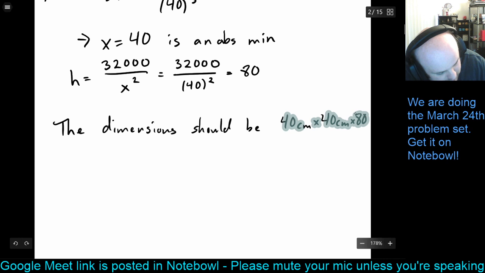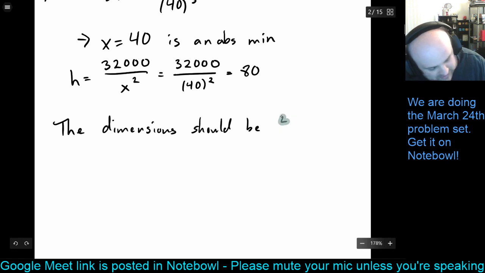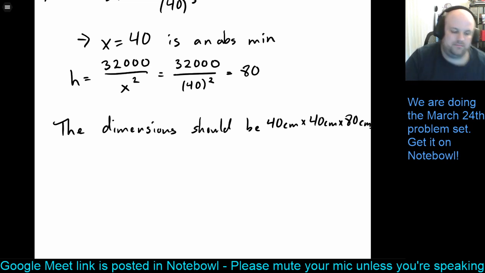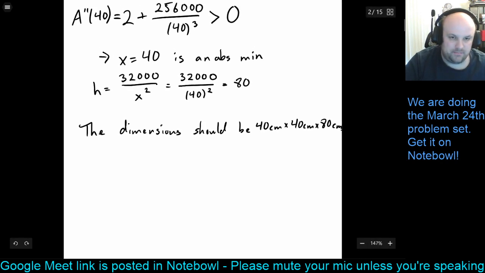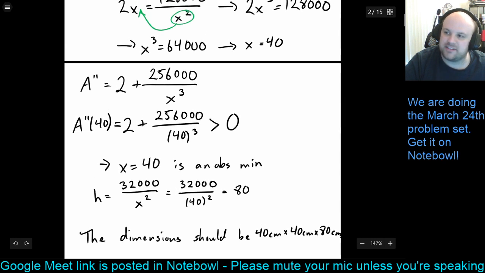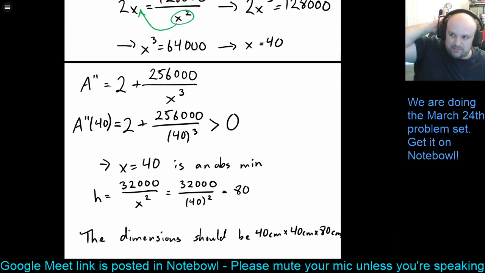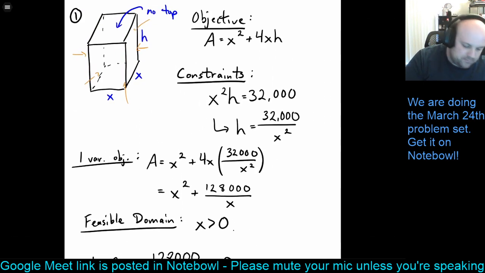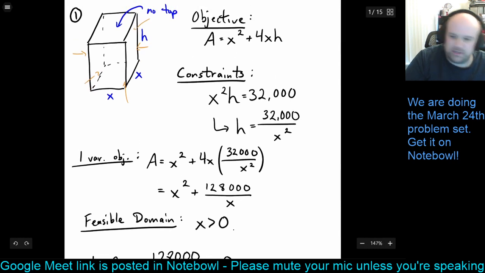I need to learn how to drag text in this. 40 centimeters by 40 centimeters by 80. Right. So yeah, it's always good to actually answer the question that we're being asked here, right? Which was to find the dimensions that minimize the amount of material used in this situation. So, again, just a quick recap of all this.